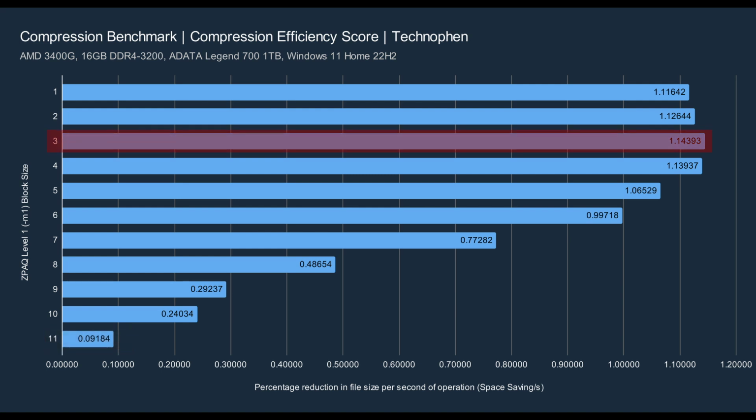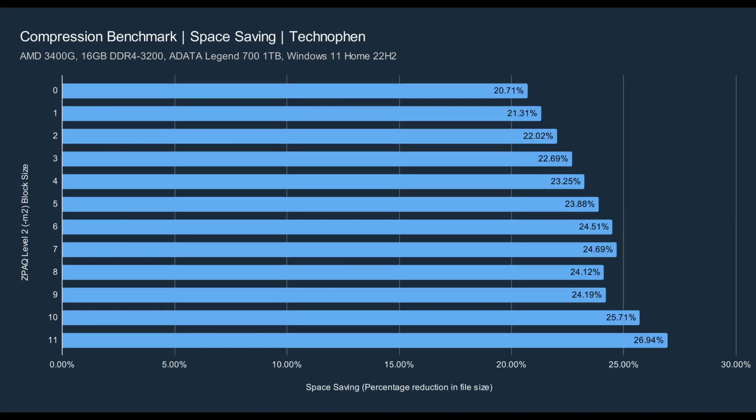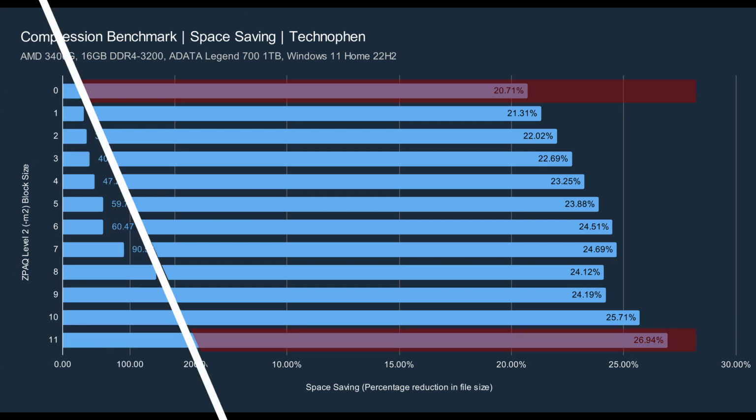With block size set to 3, we see a very acceptable score at 1.14, and this leads in efficiency till now. At level 2, we see an increase in space saving at both the minimum and maximum block size, starting at 20% and ending at 26.9%.